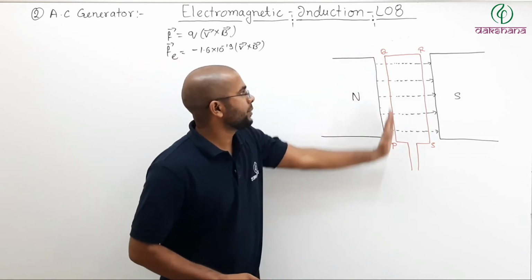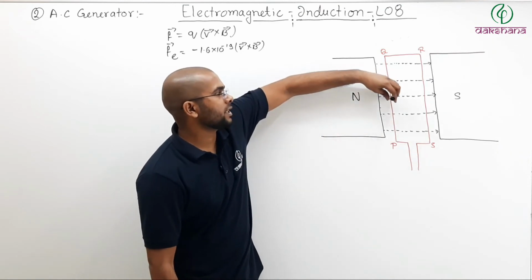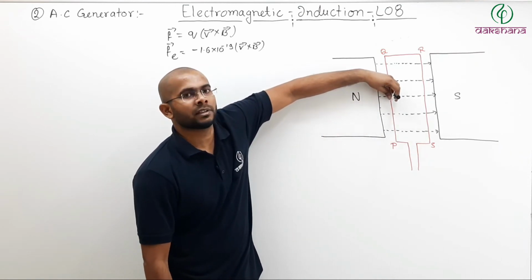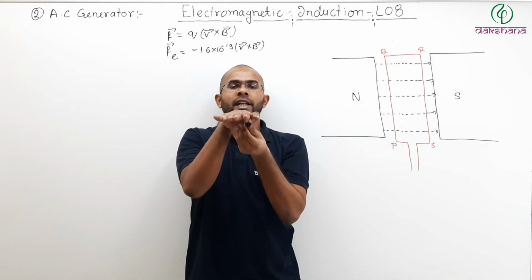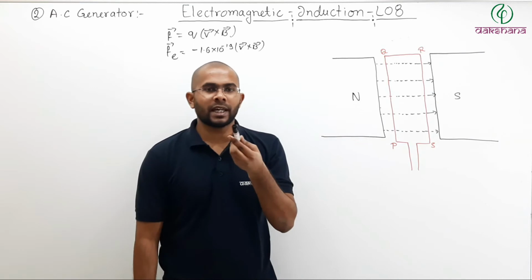This wire PQ is coming out of the board, so the velocity direction for this wire is towards you.